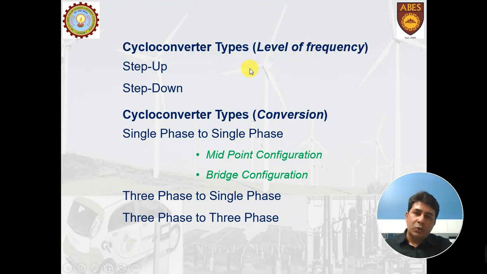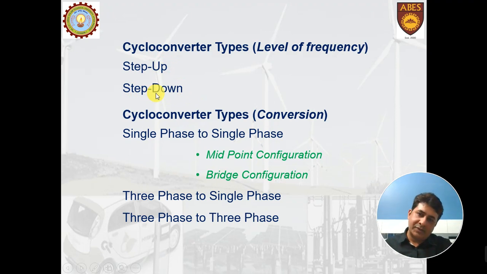If a cycloconverter is increasing the frequency at the load side, it is called a step up cycloconverter, whereas if it is reducing the frequency at the load side, it is called step down. So for raising the frequencies, we need step up cycloconverters, and for bringing the frequency down, we go for the step down cycloconverters.